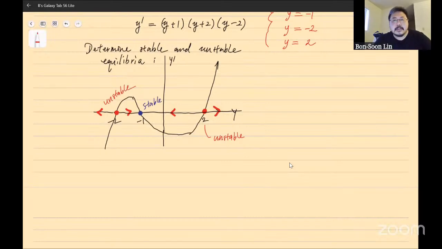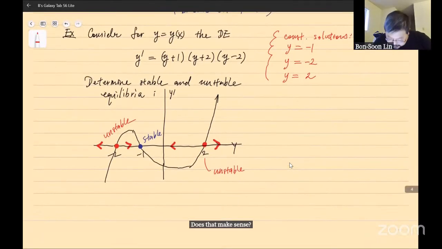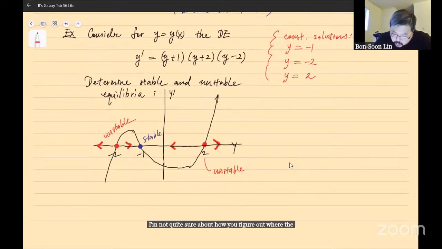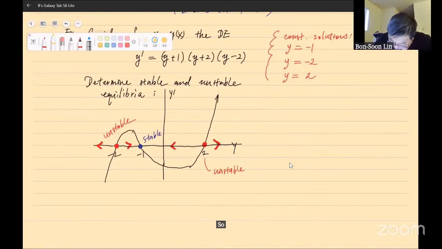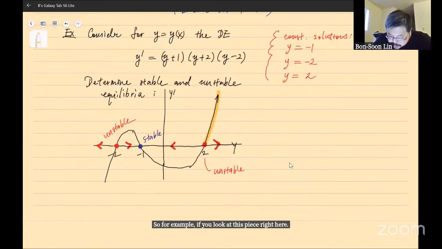Does that make sense? I'm not quite sure about how you figure out where the arrow points. I'm looking at the phase graph, whether the graph is positive or negative. For example, this piece right here is positive, so y prime is positive.